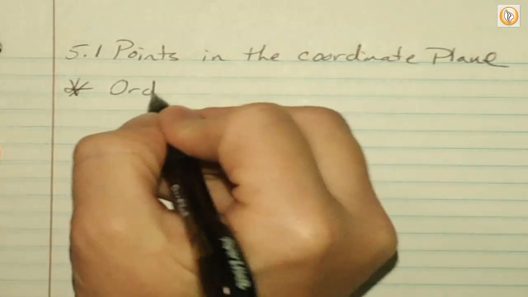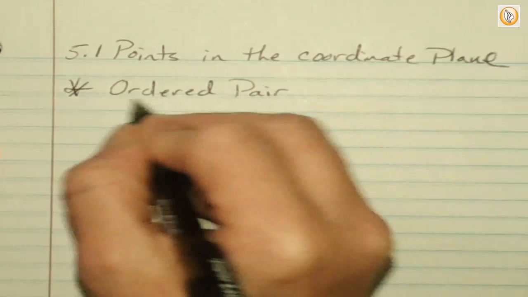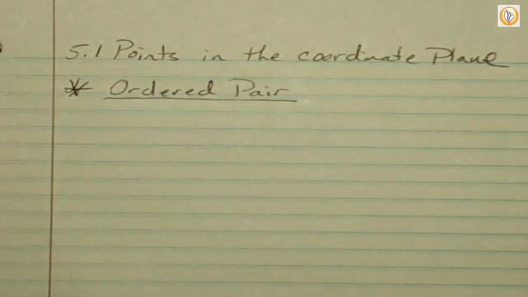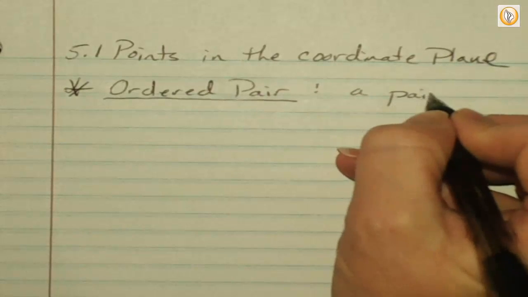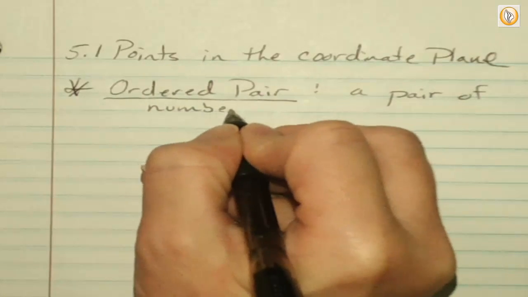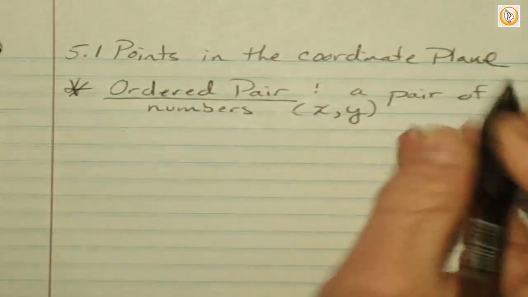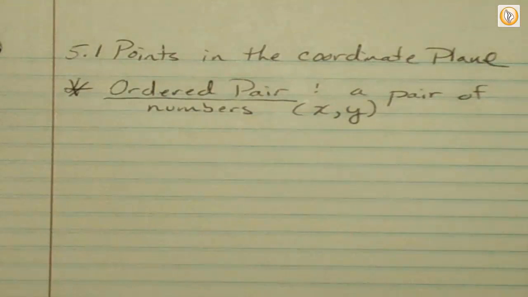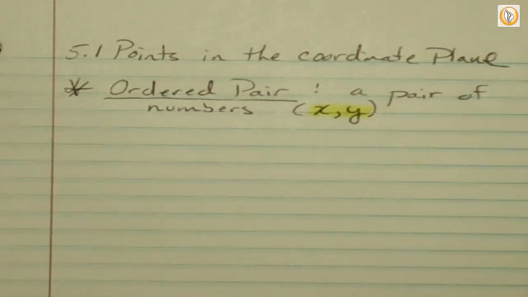Ordered pair. I am going to be using a lot of this vocabulary, so you're going to have to get used to it. Ordered pair. It's a pair of numbers, and it's done in X, Y. And I'm going to tell you more, but it's X, Y. X always comes first.